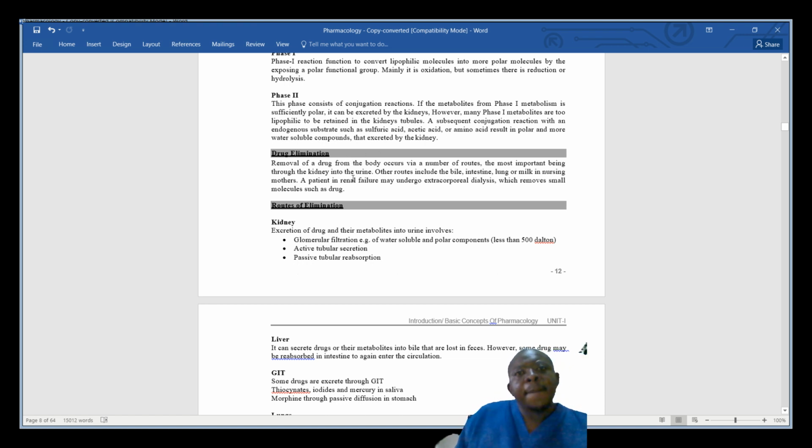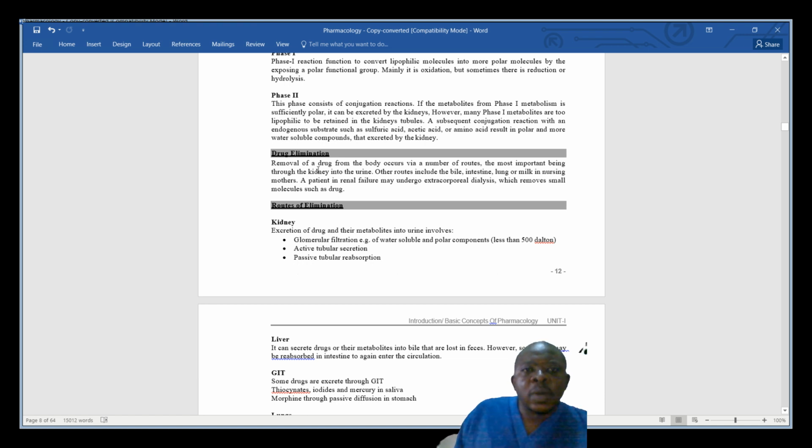Now with that, let us look at the last component of pharmacokinetics. In pharmacokinetics, we have absorption, distribution, metabolism, and elimination. So the last component is elimination.